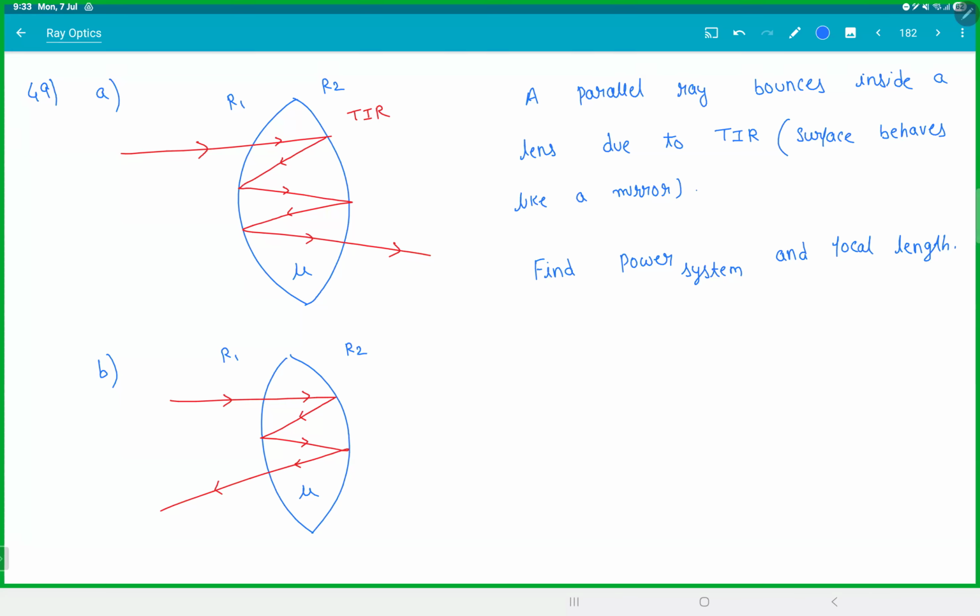Did you even figure out the trap? The trap in this is that the light ray enters, bounces, bounces, bounces, comes back.